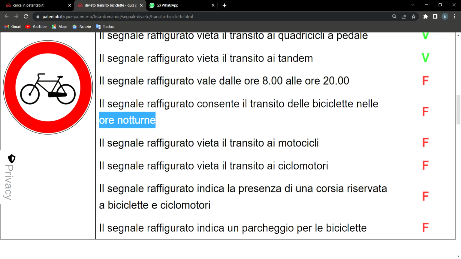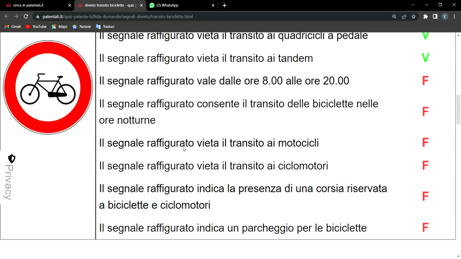And the question says, il segnale raffigurato, this very sign that is here, permits the transit of bicicletta, which is bicycle, nelle ore notturne. So he said that this sign permits the transit of bicycle during the night. So we are saying that the transit of bicycle is forbidden on the road that has this very sign, whether in the night, whether in the afternoon. So this is the reason why this one is false.